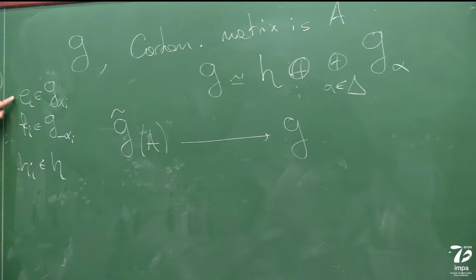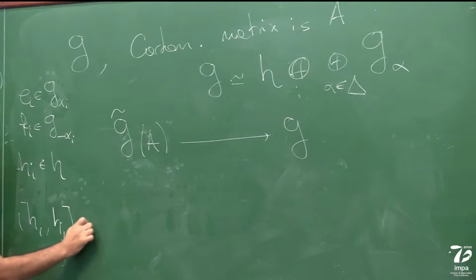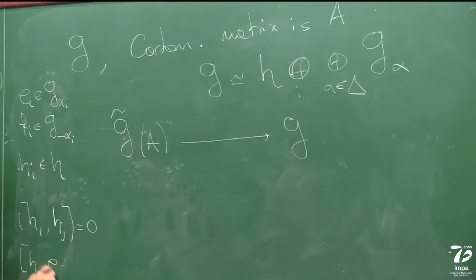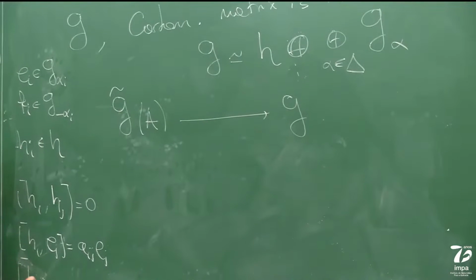So we find elements like this satisfying the properties that, well, since h is commutative, we always get this for free. Now we can always find E_i satisfying this equation. And we can always find H, F, H_i, F_j satisfying this equation.